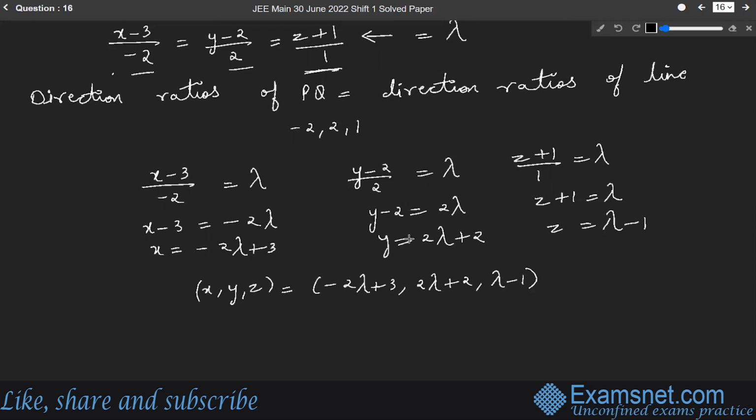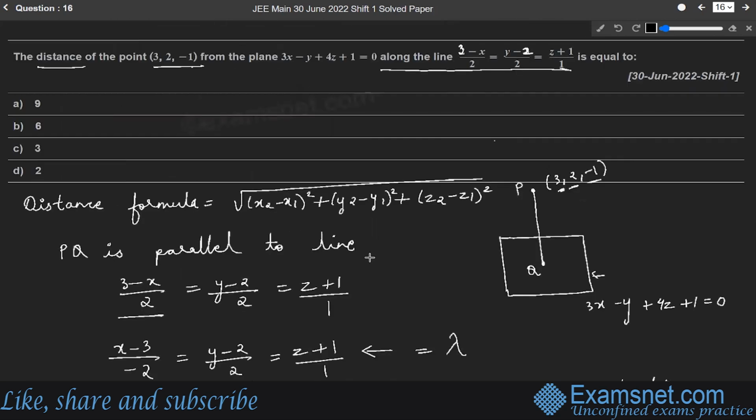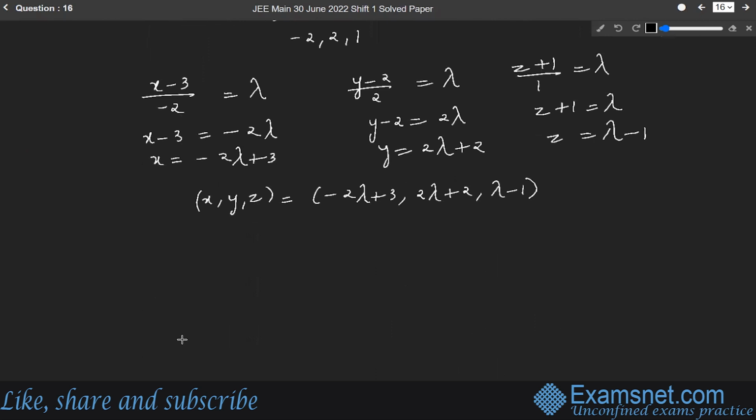The equation of the plane is given. What is the equation of the plane? It is 3x minus y plus 4z plus 1 is equal to 0. Since this point Q lies inside the plane, it means that it should satisfy the equation of the plane, right?